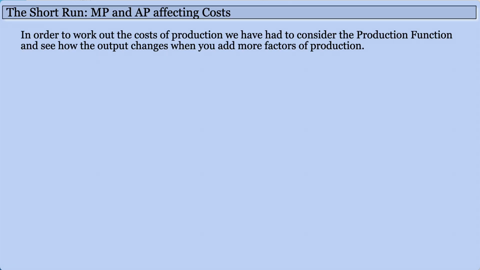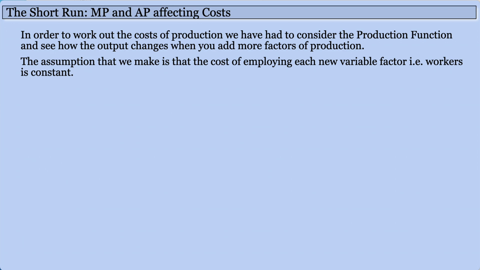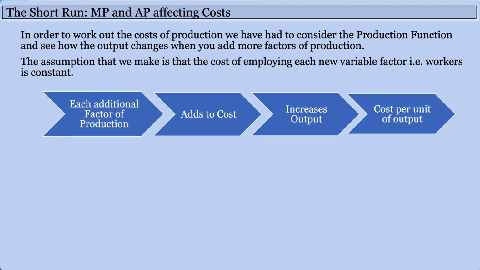Okay, so in order, as I say, to make up the costs of production, we need to consider this production, and the key thing is that the cost of employing every new worker, the assumption is we pay them the same wage. Okay, now that might not be realistic, and we'll change it much later on in the course, but for now that is what's going to happen.